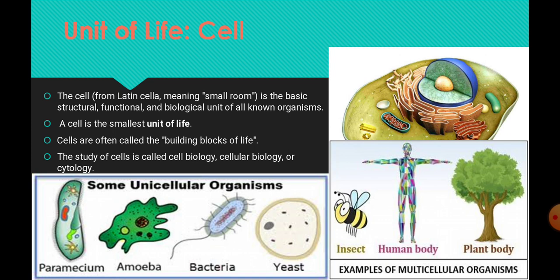For example, we human beings have approximately 10 to the power 13, or trillions, of cells in our body. A plant body has much more, and insects are also multicellular organisms.